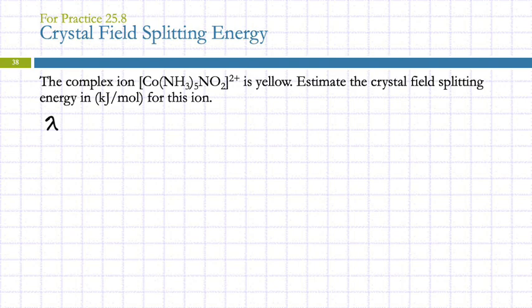So the wavelength being absorbed was 415 nanometers, and the energy of one photon is equal to hc over lambda.